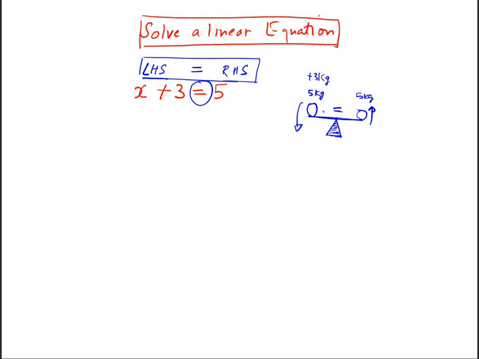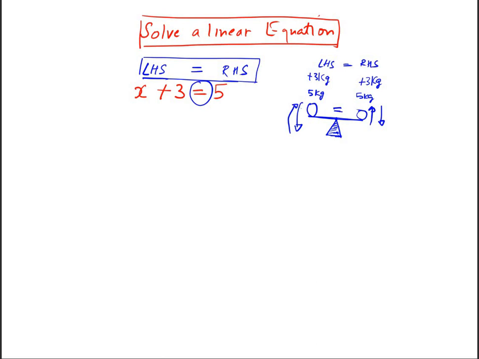Now, how do I ensure that this balance comes back to its equilibrium point? Obviously, the very layman answer is add 3 kilos on the right hand side and this balance will be back in its equilibrium. So that means the left hand side will now be equal to the right hand side.